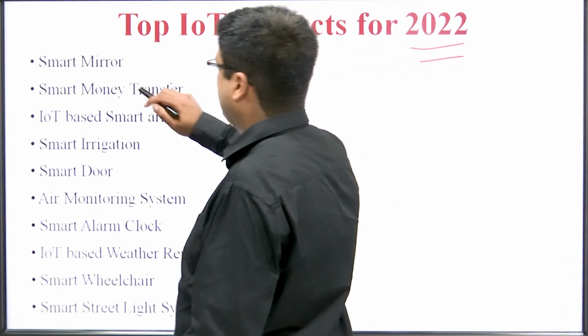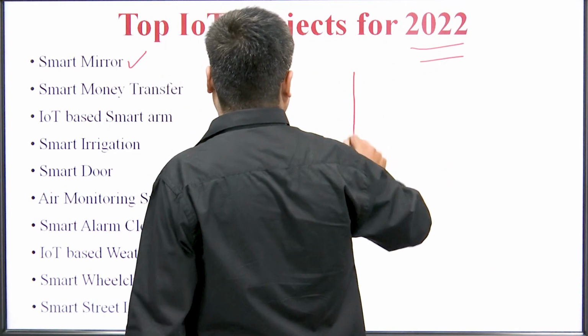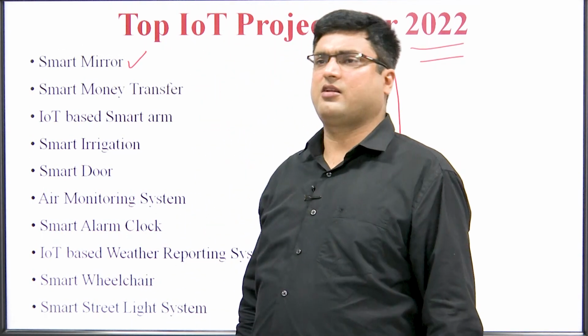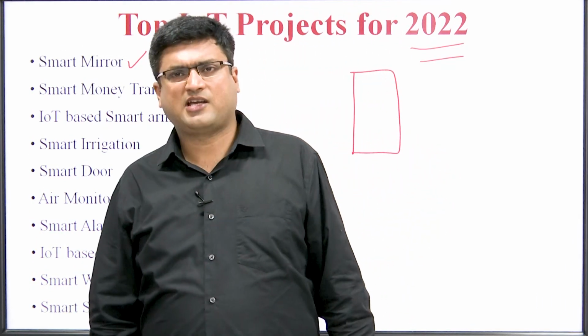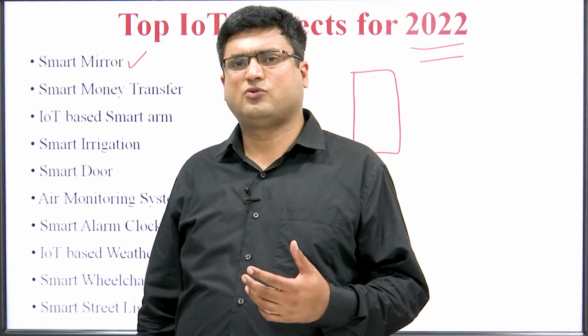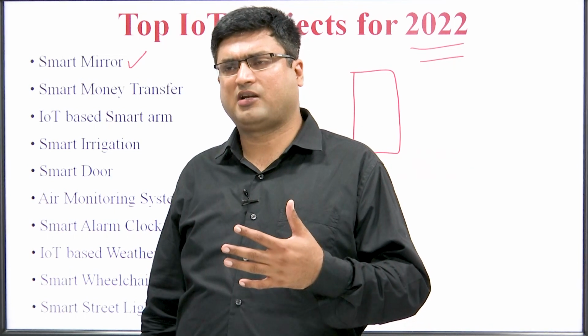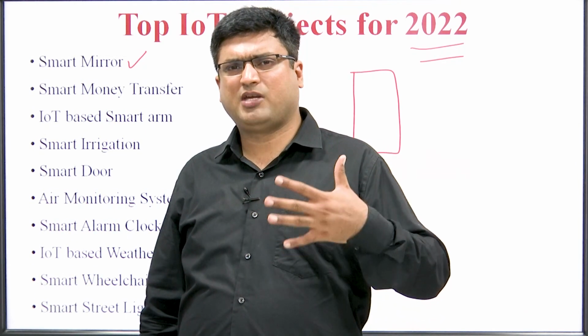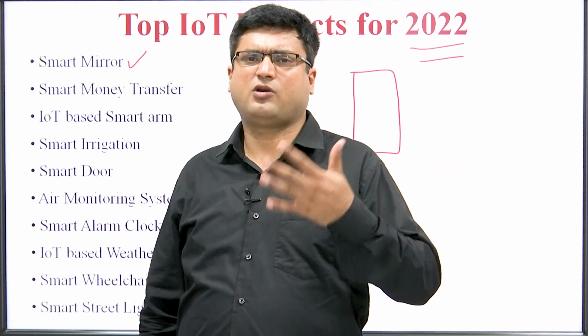The first one is the smart mirror. What is the function of the smart mirror? A smart mirror means a mirror which can display the date, works as a calendar, shows time, your calories burned, the temperature of the environment, and can provide information. That is called a smart mirror.